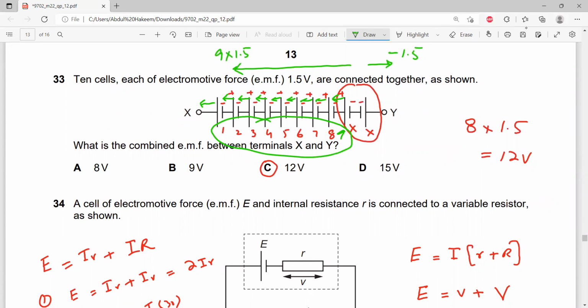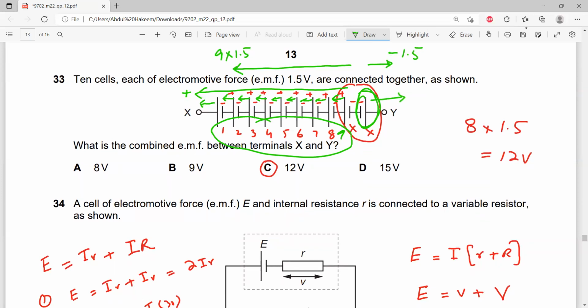Their negative is connected with the positive. So all are throwing the voltage in one direction, their positive side is towards the left. But look at this 10th one. Its positive is connected this side. So it's a negative cell.